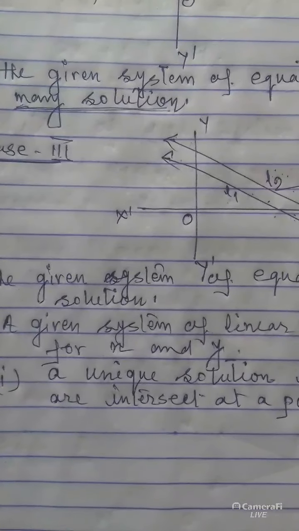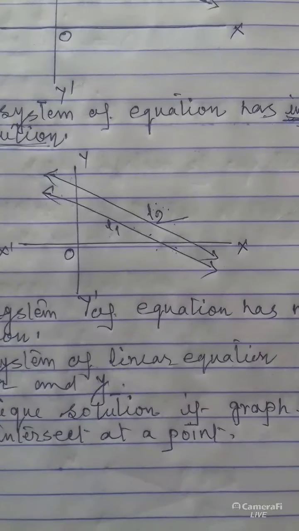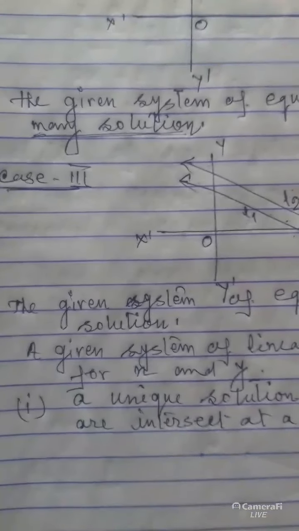A unique solution if graph lines intersect at a point.